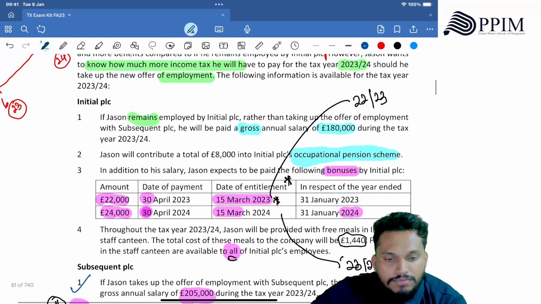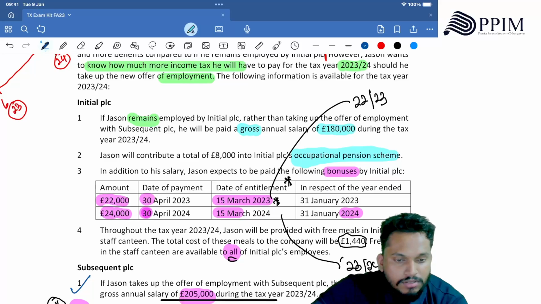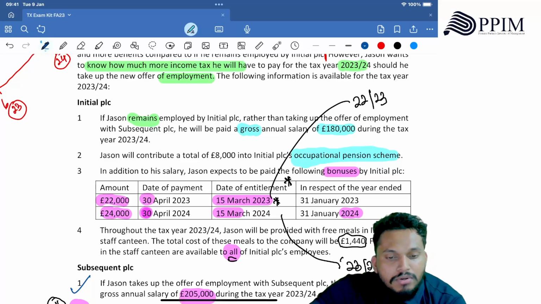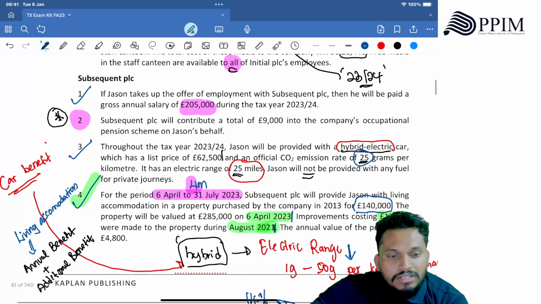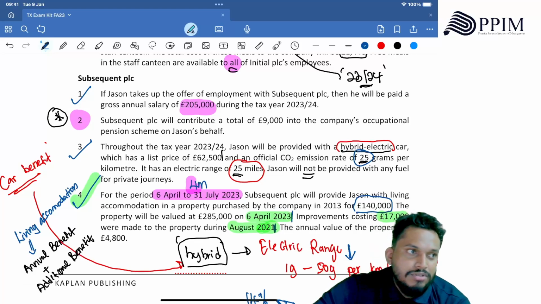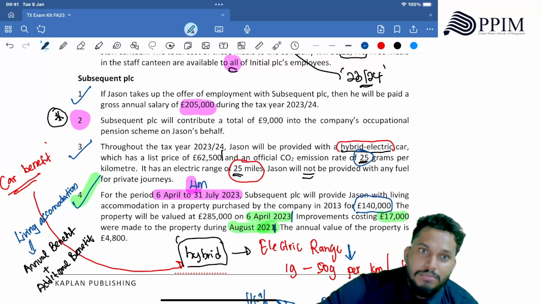So in this question, what is the difference then? If Jason remains employed, he will be taking a gross annual salary of £180,000 during the tax year. Then Jason will contribute 8,000 to the occupational pension scheme. Who will contribute? Jason. Now in this question, who contributes? The company contributes. So it is not deducted from Jason's income. It is separately computed. That is why it is exempted.